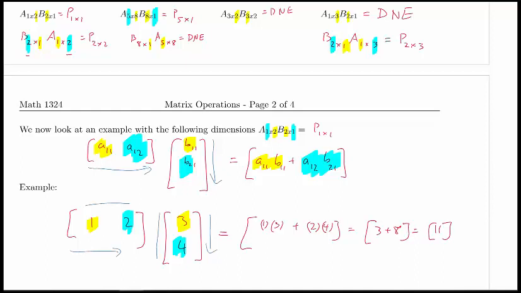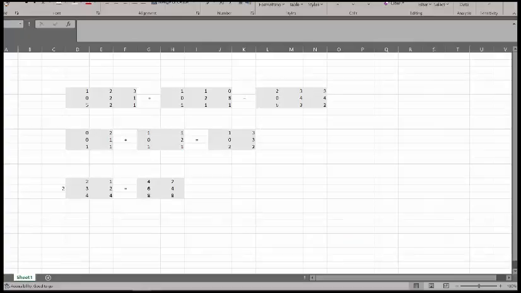Okay, let's look at this in Excel real fast. So we set up our first matrix right here: 1, 2, 3. Go ahead and gray this in.